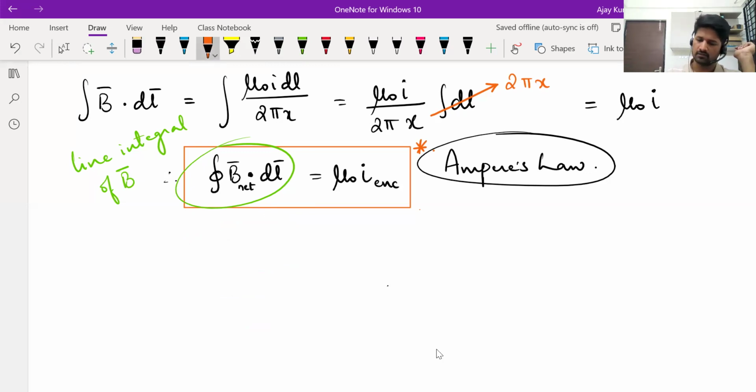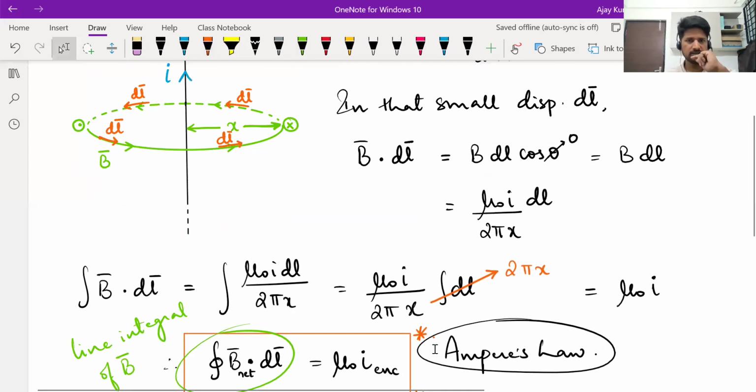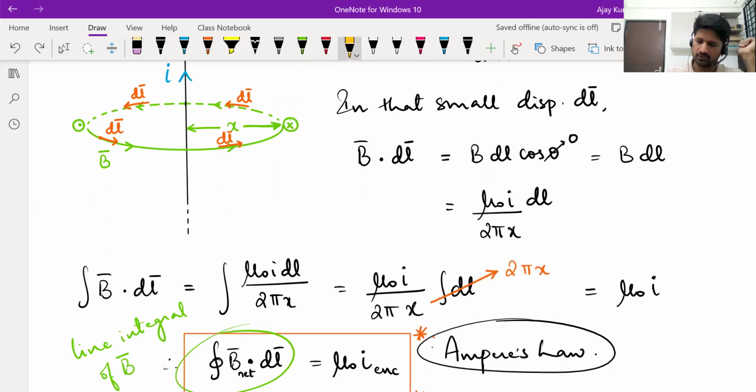And see, there's a condition here. Now in this case, conveniently, we took the dl vectors along the direction of the magnetic field, right? Suppose you decide to move opposite to the magnetic field, along that field line itself, but opposite to it. If you take dl vectors like this, you will still be going in a closed path.